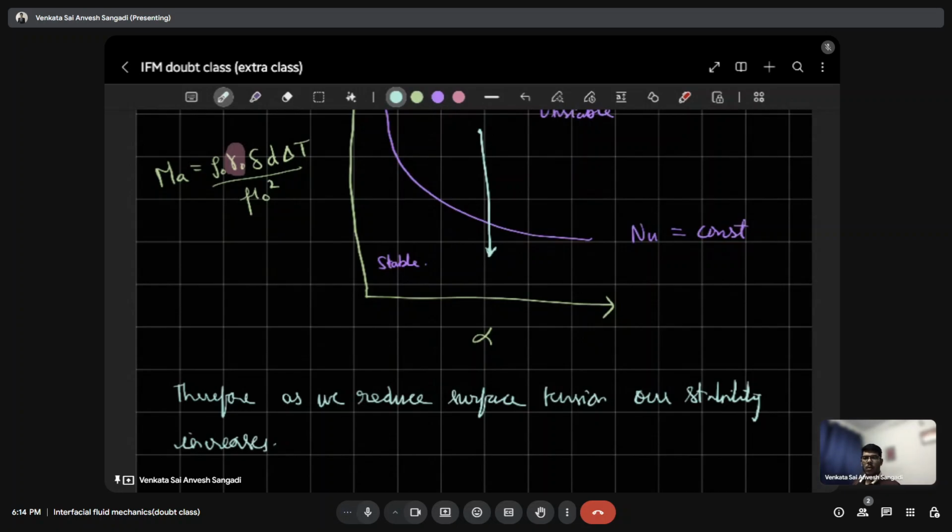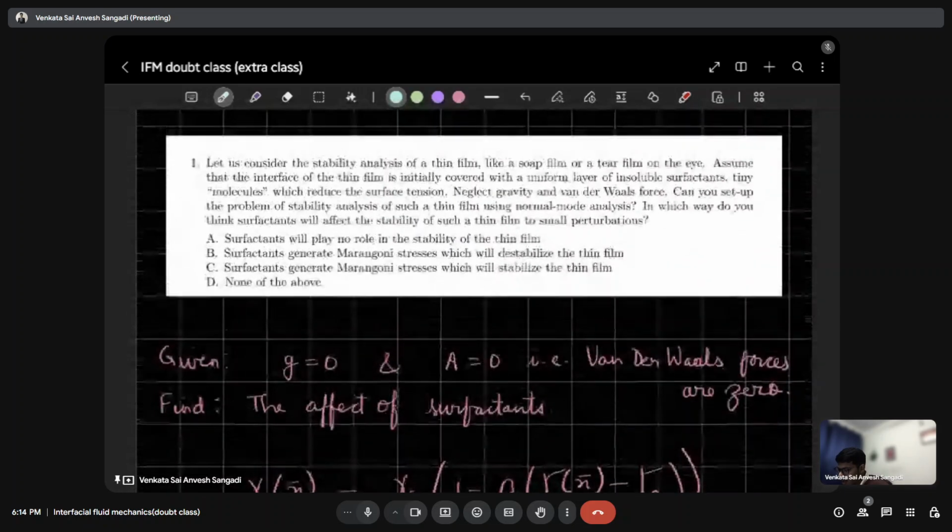Therefore, one of the effects that surfactants have is that they reduce the surface tension. So the correct answer here is answer C.